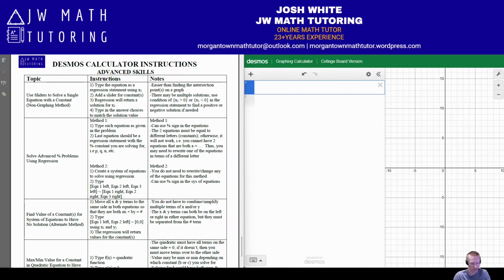Now, one thing just to mention before we begin, if there are two constants that you're solving for, technically the only thing that you can find definitively is the ratio of the constants. There could be multiple correct values for the constants themselves, like for P and Q or P and R or A and B, whatever.